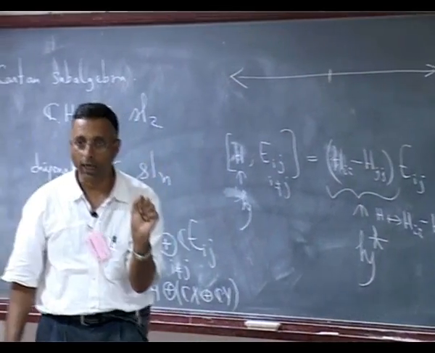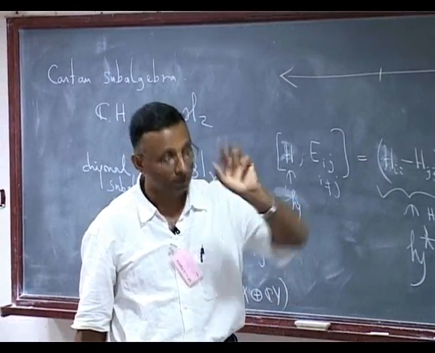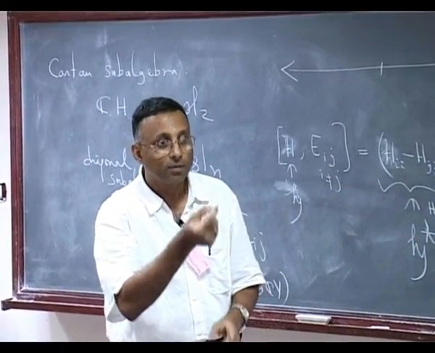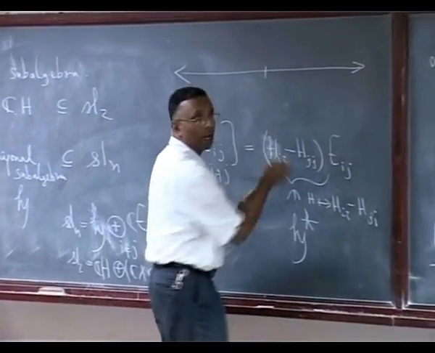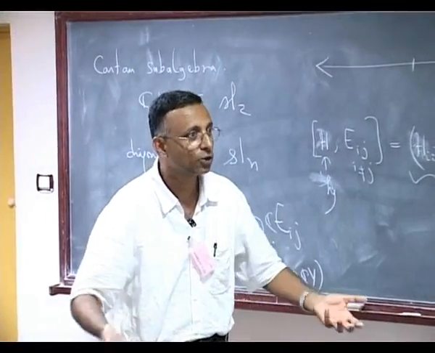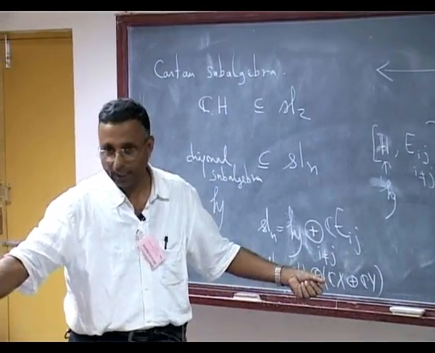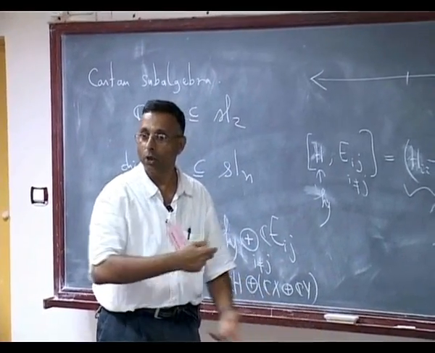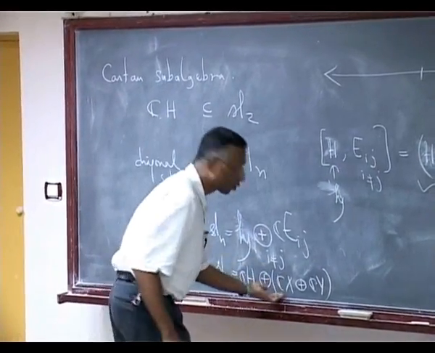Each point on that line represents a linear functional on the space spanned by H. If I take some vector lambda, it represents the linear functional which is lambda on H. So H star again I represent by a line, complex numbers, and the roots are 2 and minus 2, because the eigenspaces here have values 2 and minus 2.